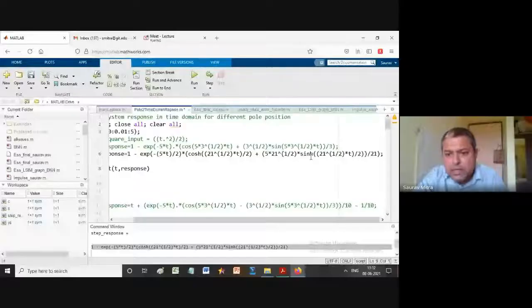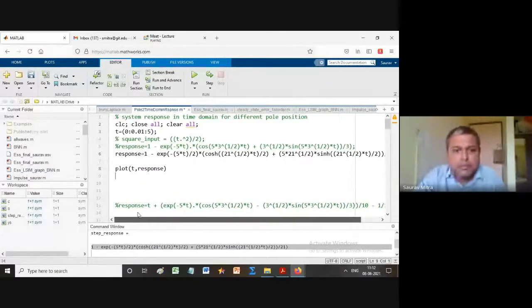So let us plot t and the response. No problem. Wherever there are multiplication terms, 5 into t cos this t, 5 by root 21 by 2 and hyperbolic. So let us just plot it, whether we are getting it or not.